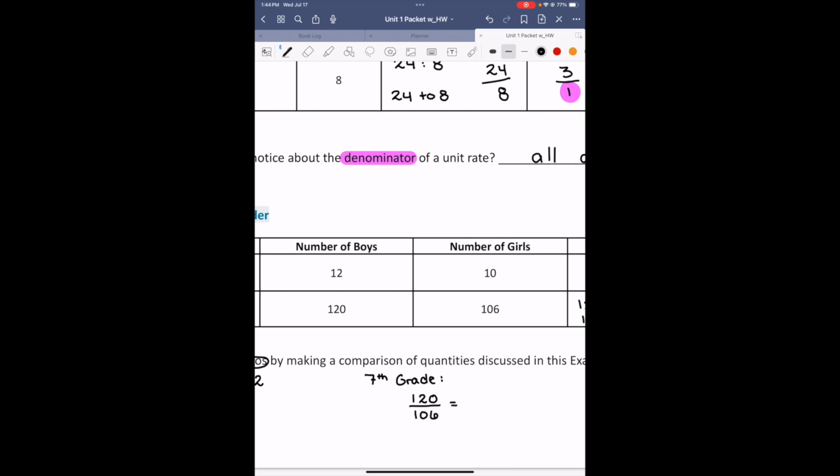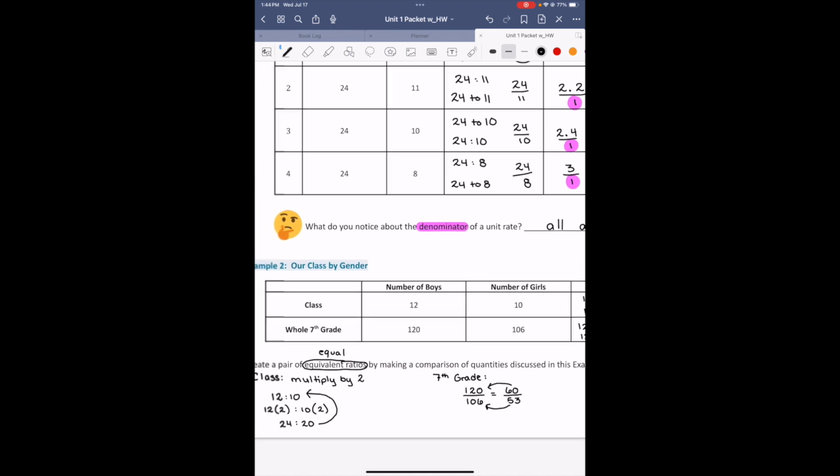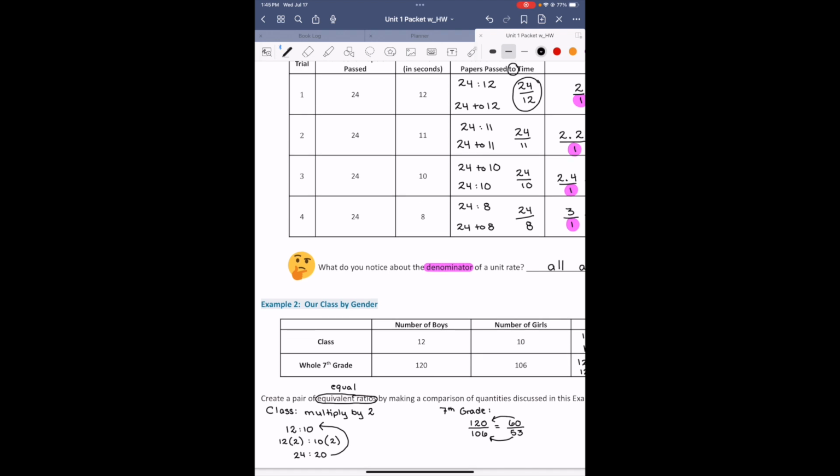And if I go ahead and simplify, I can get 60 over 53. Those two are equal because I can go backwards and I'll get the same exact ratio. So that is an equivalent ratio. It just means that they're going to give you the same exact thing that you started with.